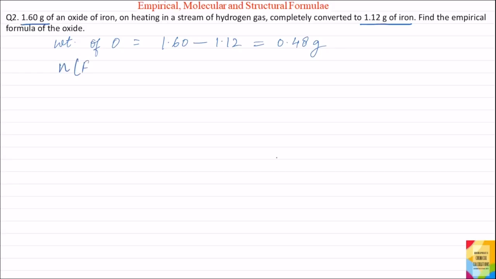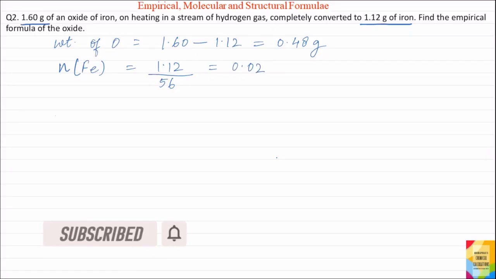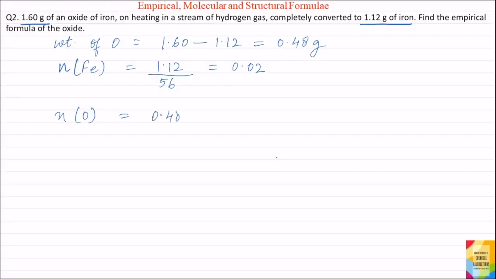Therefore, moles of iron will be equal to weight of iron divided by atomic weight of iron, that is 1.12 gram divided by 56, and this is equal to 0.02 moles. Similarly, moles of oxygen will be equal to weight of oxygen divided by atomic weight of oxygen, that is 0.48 gram divided by 16, and this is equal to 0.03 moles.